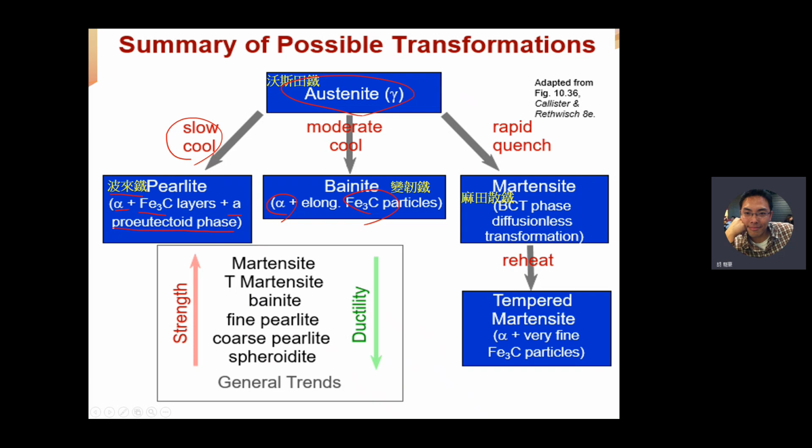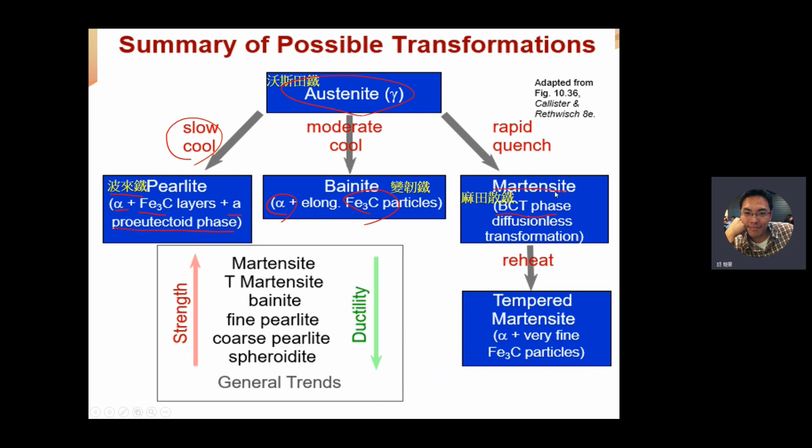And through the quenching process, that means a rapid cooling rate, the martensite structure forms. It is a BCT phase, not a BCC phase, and the transformation is diffusionless. So what's the structure of martensite? You still remember that? It's a needle shape, a needle structure.